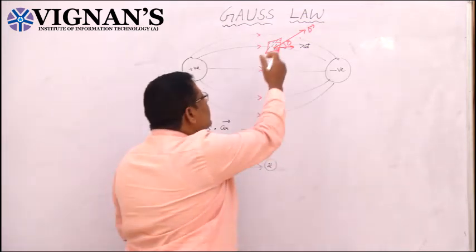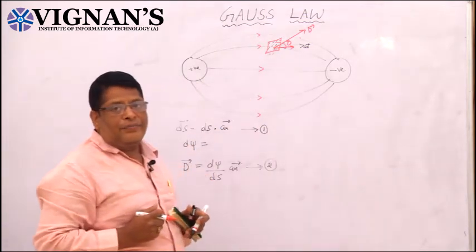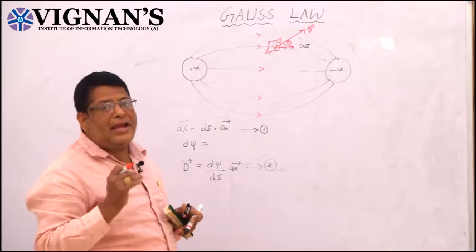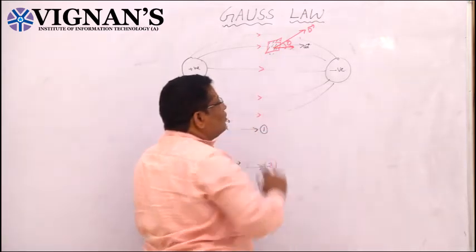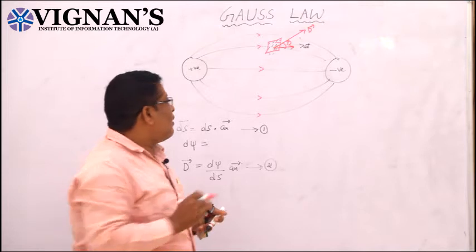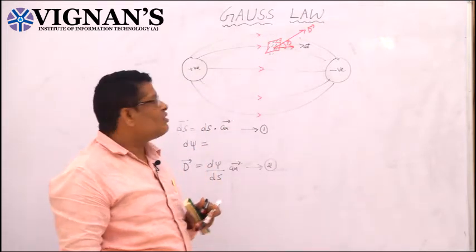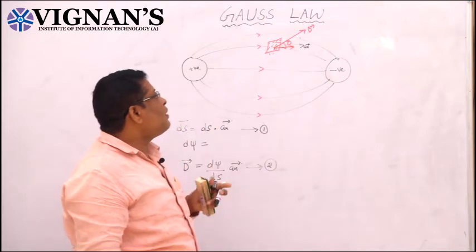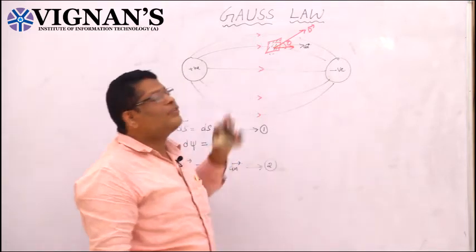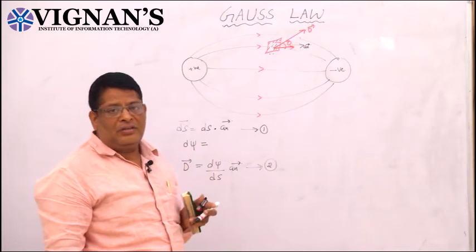See here, in this case, we have taken the D bar. D bar is making some angle with a n bar. A n bar is nothing but the direction of the differential surface. Theta is the angle between the D bar and the differential surface area dS bar.